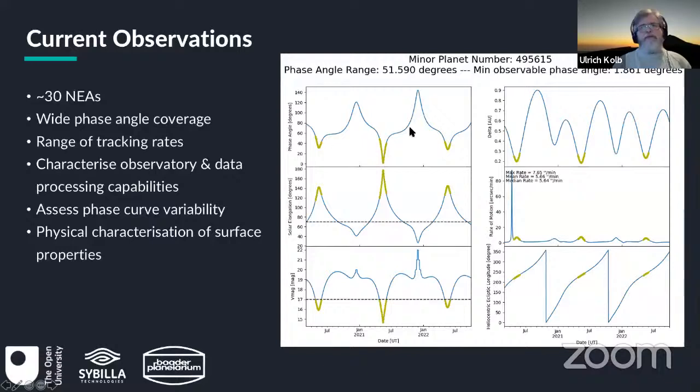And as you can see, this is one example. This one had multiple apparitions at different times, 3 times, and covered, certainly the middle one, a very interesting range from near 0 up to 60, 70 degrees.